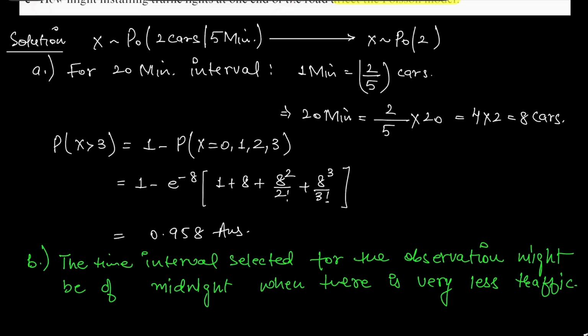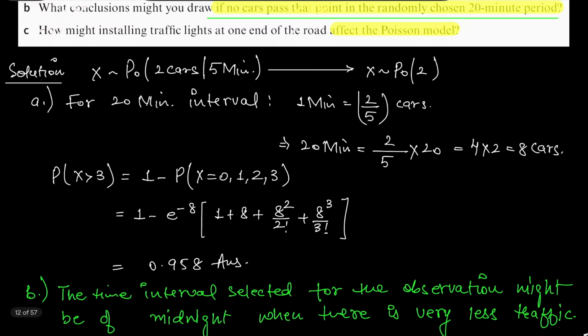So this can be the possible reason, that the time interval selected belongs to the night time when there is very little traffic. That might be the reason that there is no car in the last 20 minutes over there.